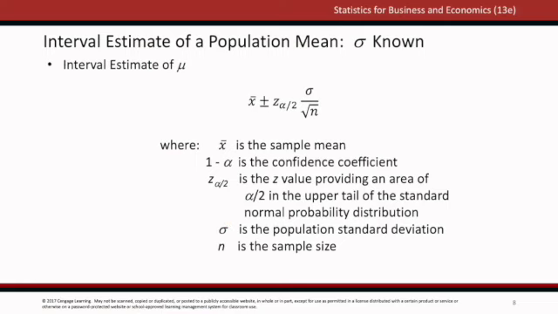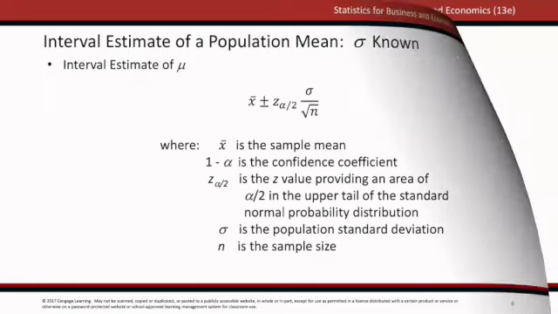Sigma is the population standard deviation, and n is the sample size. And the margin of error is calculated using this formula. Now, the only thing left to do in order to know how to calculate precisely the margin of error is to remind you how to calculate these critical values.